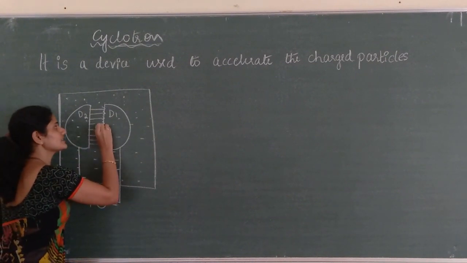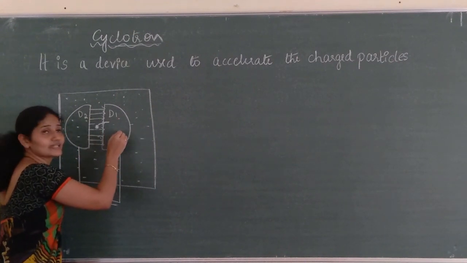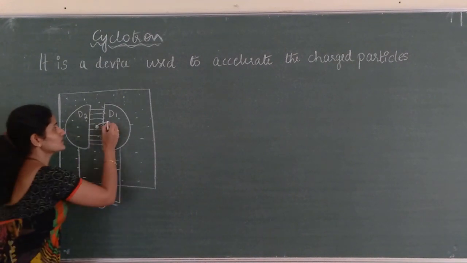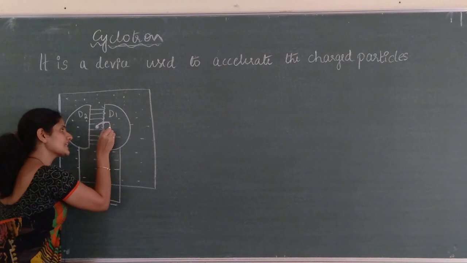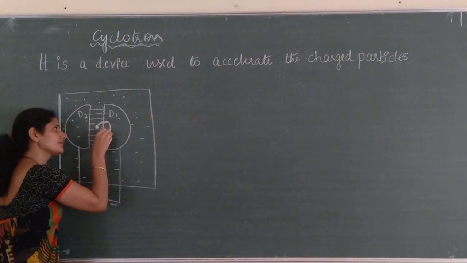So, it will enter this D1. Inside this disc, electric field is 0, but magnetic field is there. Due to this magnetic field, the charge will describe a semicircle. It will move like this.